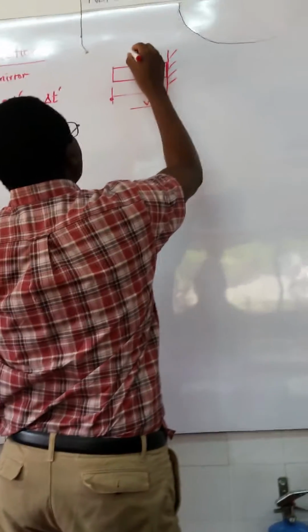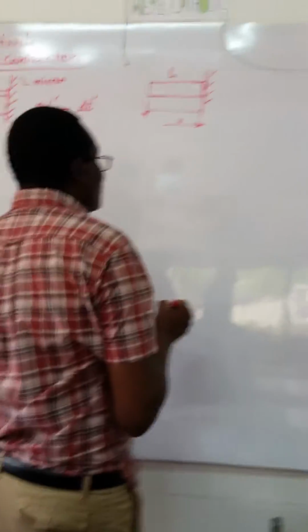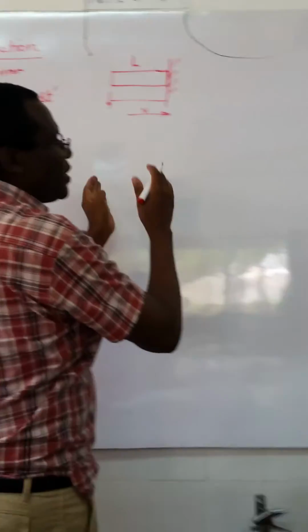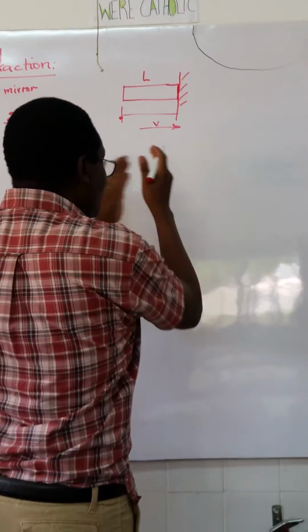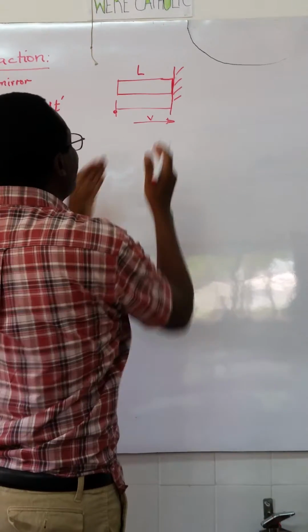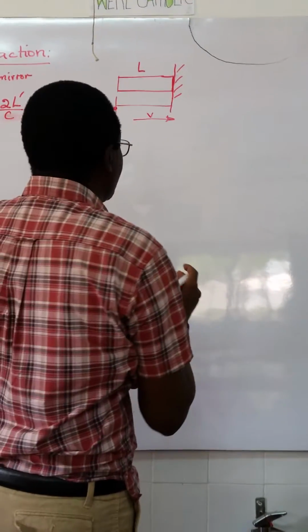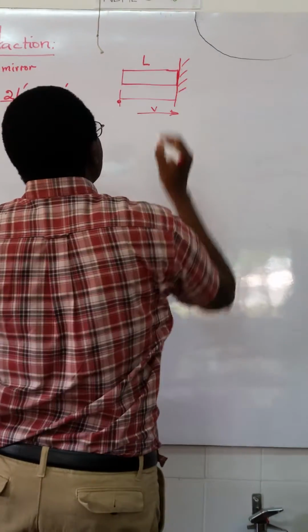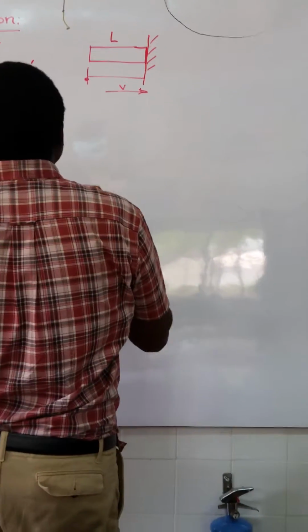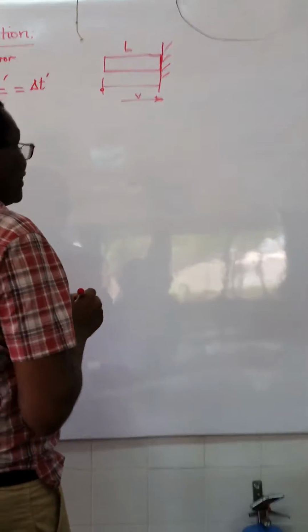So we say, let's say we don't know what the person outside this frame of reference is going to measure. So we say, let's say he will measure L, which is not proper length.